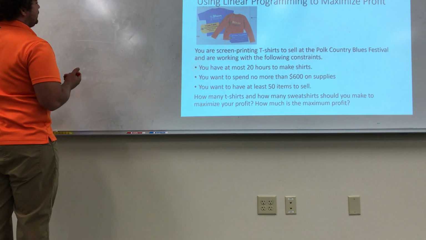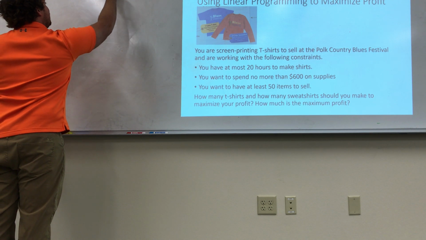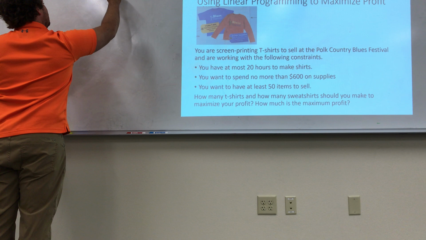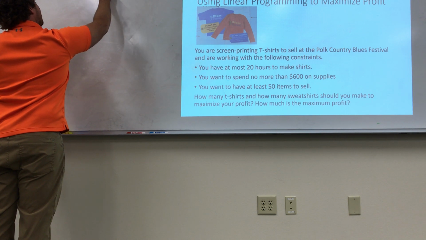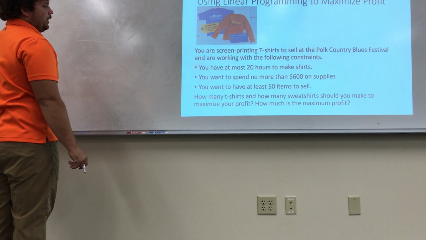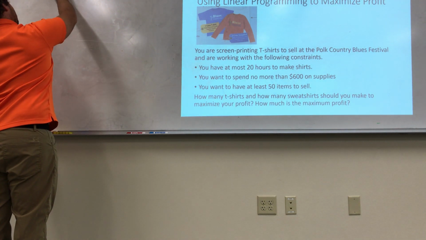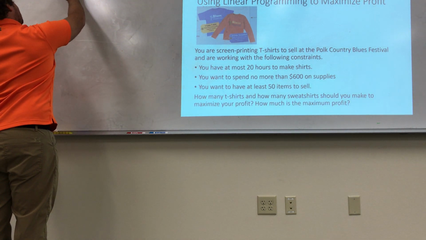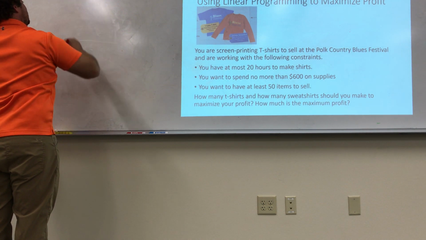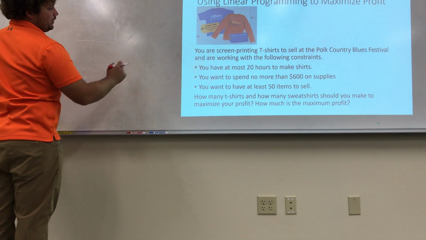Well, you take that times 60, you should get about 1,200. Wrong spot for that. Okay, and that is the greatest amount of time, so it'll be less than or equal to 10 minutes per t-shirt plus 30 minutes per sweatshirt. Okay, that equation is done.